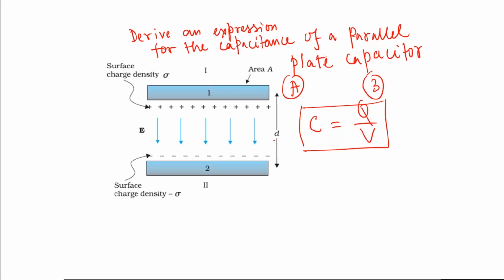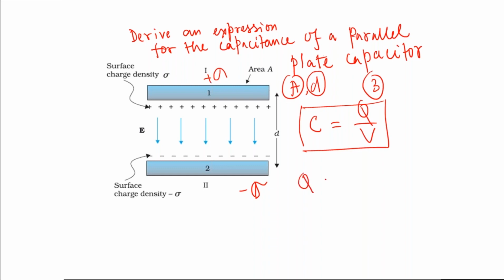The area of the parallel plate capacitor is given, that is A. The separation between the plates, that is D, is given. And what else do you know? You know the surface charge density of both the plates. So for this one you have minus sigma, and for this one you have plus sigma.